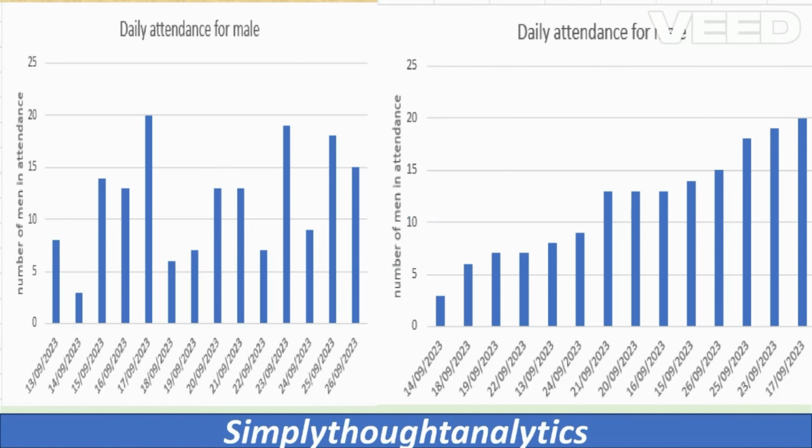Let us look at these two scenarios here. Now, these two column charts were also designed from that same table. So, if our goal is to present to the stakeholder that in some days we have high attendance, in some days we have low attendance, that information is also conveyed in the column chart on the left.